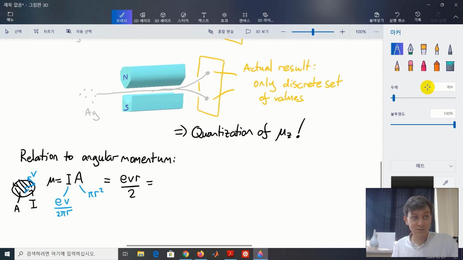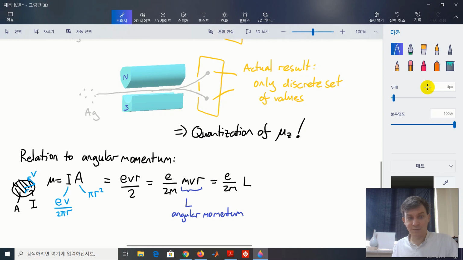Okay, so this you can rewrite as e divided by 2m times m times v times r. And the reason you do this is that this is simply the angular momentum L of the electron. Okay, so in other words, you get that the magnetic moment is equal to charge divided by twice the mass times the angular momentum.